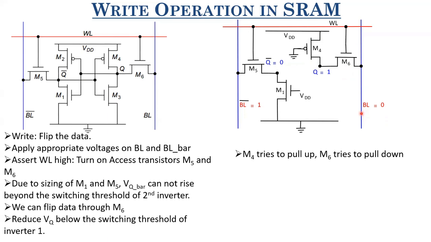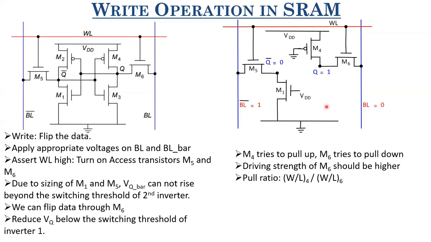Since we want to pull this towards the ground, and want this to be small compared to the switching threshold of the first inverter, we have to ensure that the driving strength of M6 is higher than the driving strength of M4, so that this voltage is smaller, and as such, the output of this inverter is flipped. That is what we have to ensure.